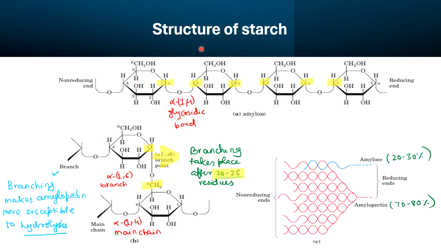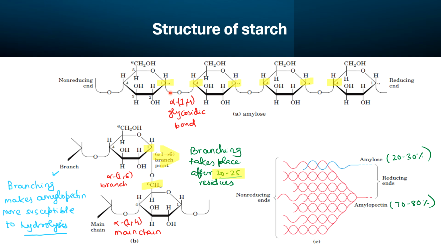Let us now look into the structure of starch in a little more detail. Now, this is the structure of amylose. Okay, now look, there are multiple glucose units. This is one glucose unit, another glucose unit, and likewise. Now how does the glycosidic bond take place?